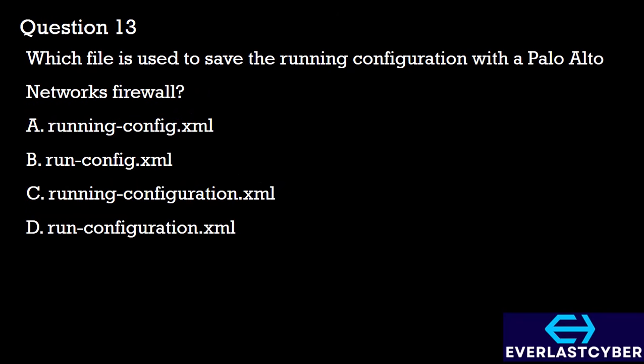Question 13. Which file is used to save the running configuration with a Palo Alto Networks firewall? A. runningconfig.xml. B. runconfig.xml. C. runningconfiguration.xml. D. runconfiguration.xml.